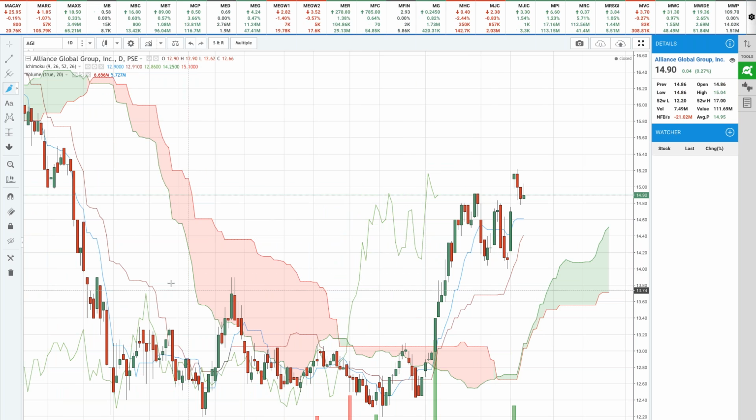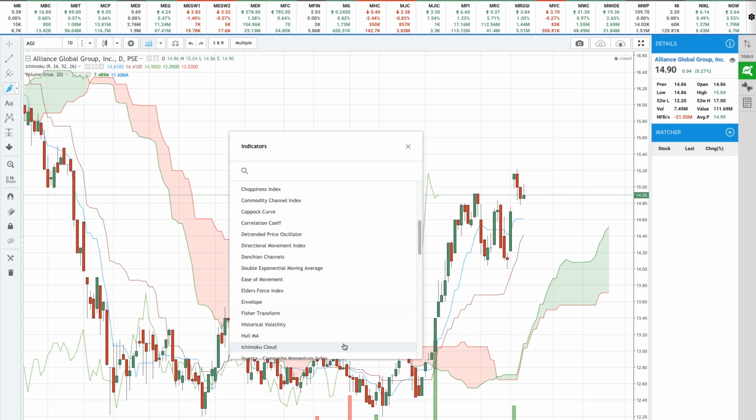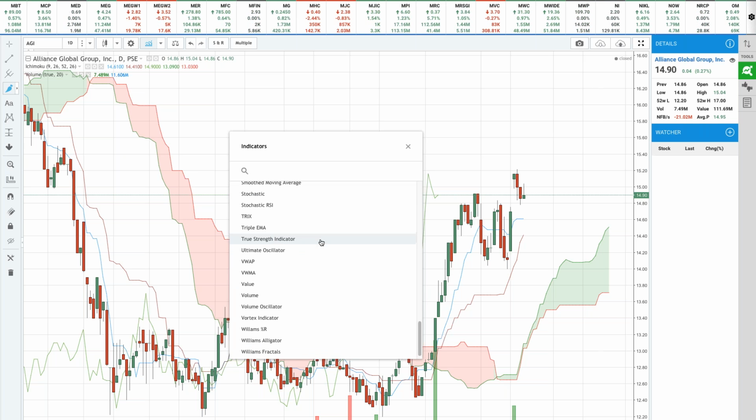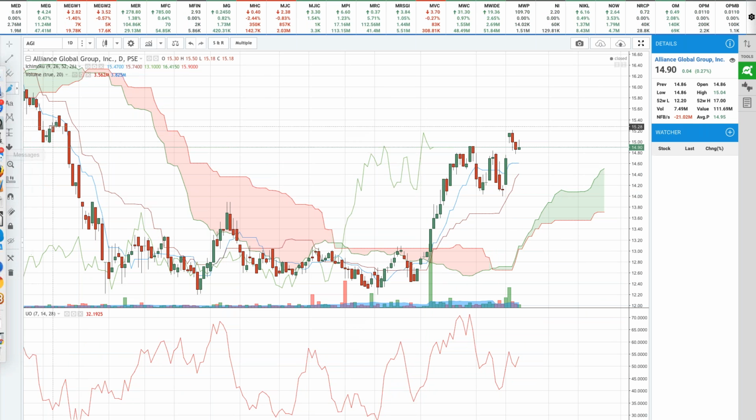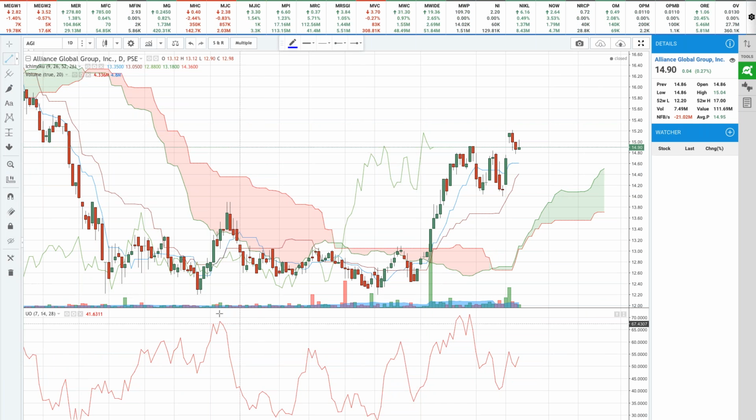Can you find the bullish divergences in AGI? Let's add the ultimate oscillator. Find the bullish divergence. Where's the bullish divergence? It's a big bullish divergence.